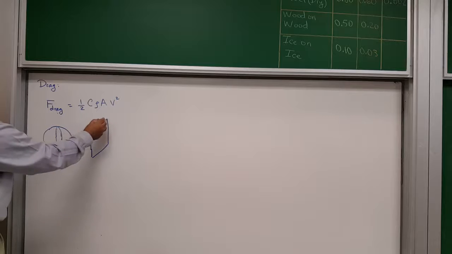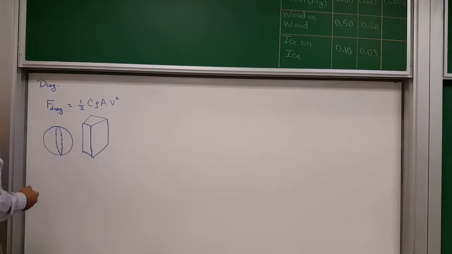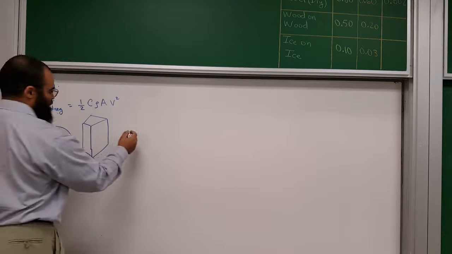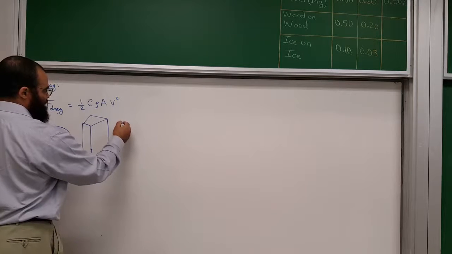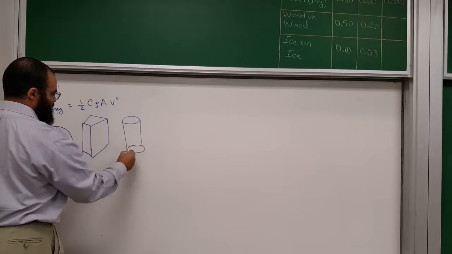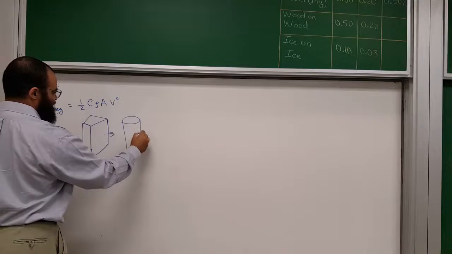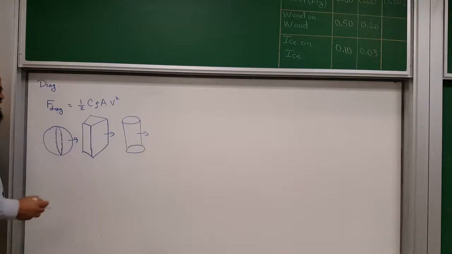If it's just a box, the drag coefficient would be something. If it's a cylinder, the drag coefficient will be something else. Each of them has a different drag coefficient.